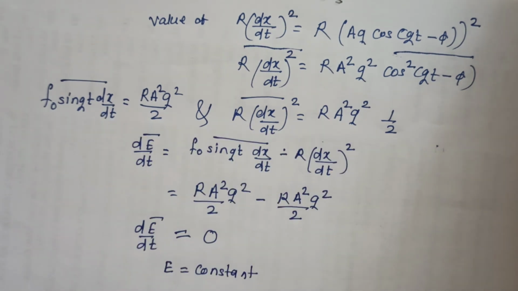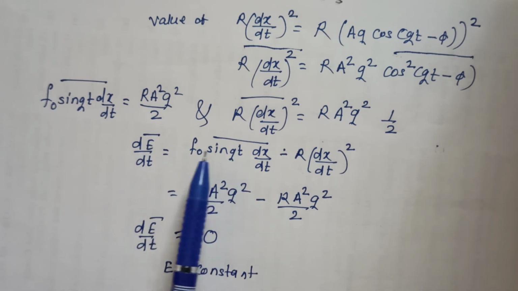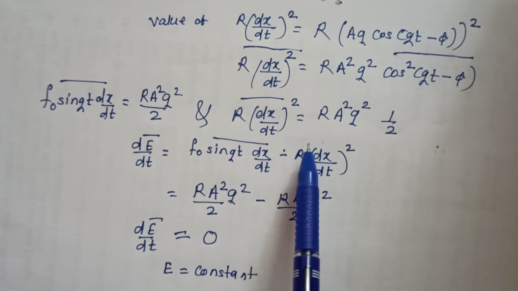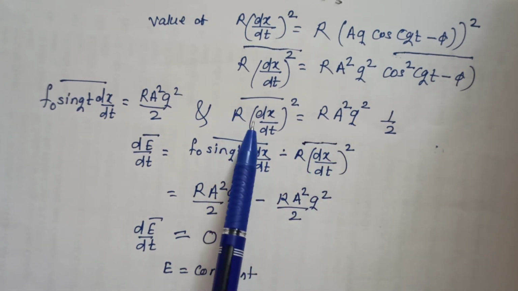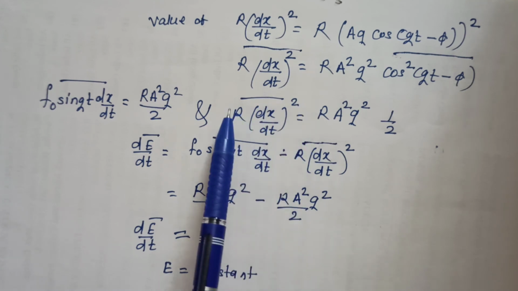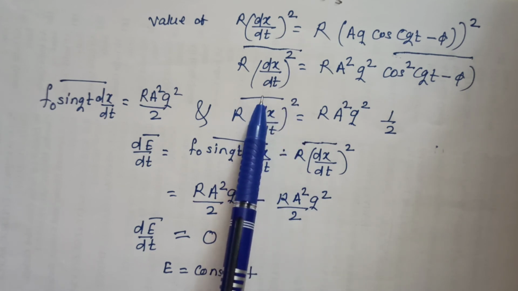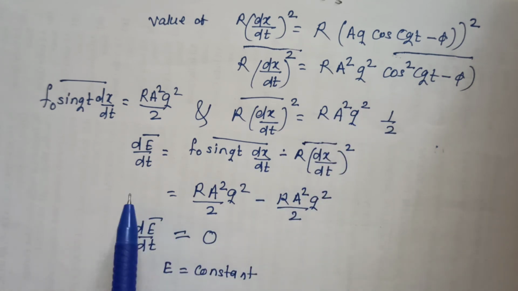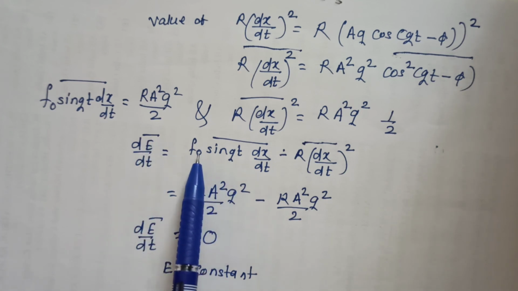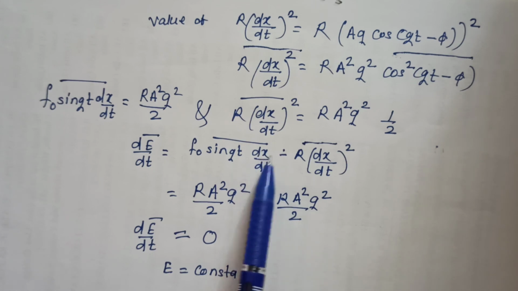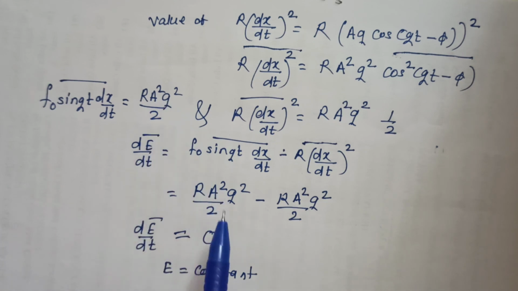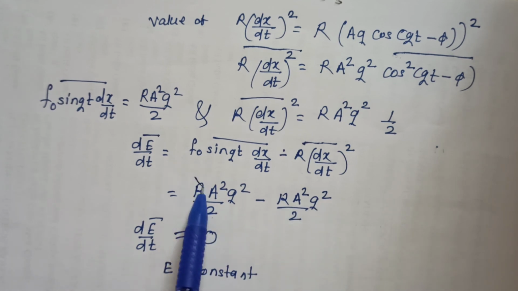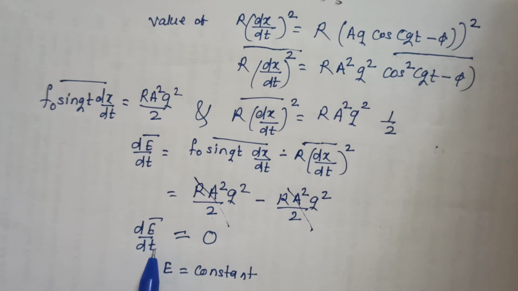Then we get dĒ/dt equal to the average of F0 sin qt dx/dt minus the average of r (dx/dt)². The value of the average of r (dx/dt)² is r a² q²/2. So dĒ/dt equals r a² q²/2 minus r a² q²/2. Both cancel each other and we get dĒ/dt = 0.